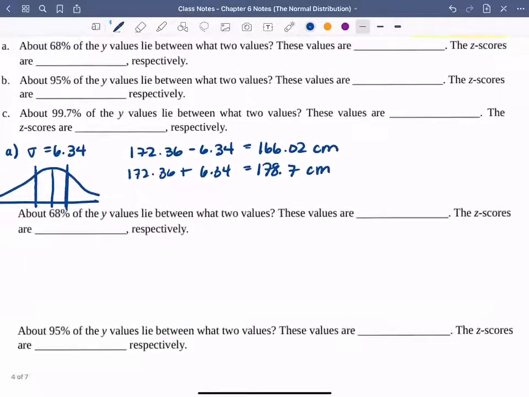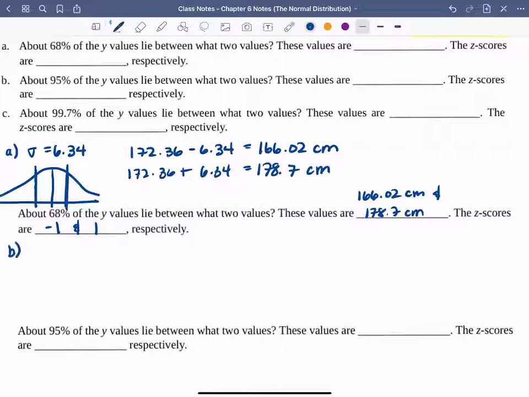So about 68% of the y values lie between 166.02 centimeters and 178.7 centimeters. The z-scores are -1 and 1, respectively, right? Because they're both 1 standard deviation away from the mean. One's to the left, so it's negative. One is to the right, so it is positive.